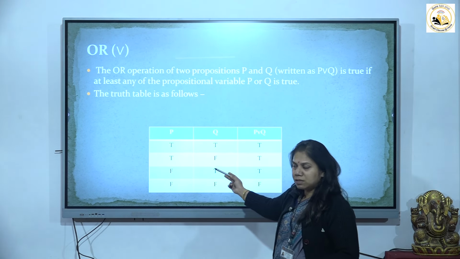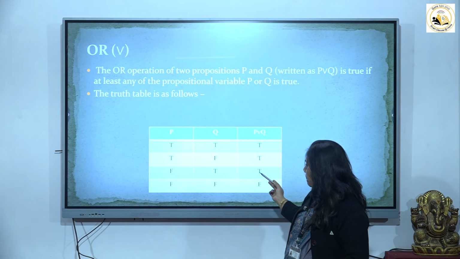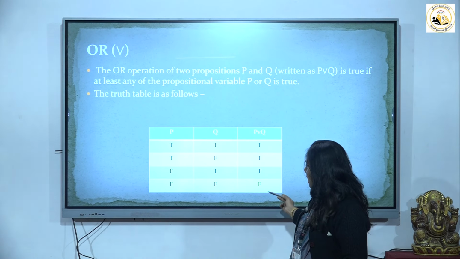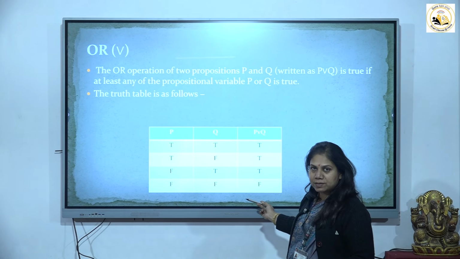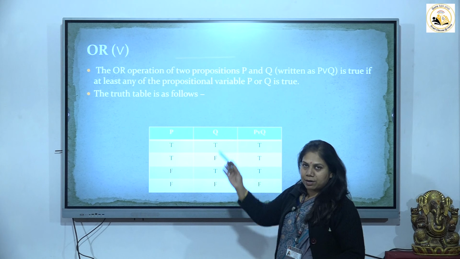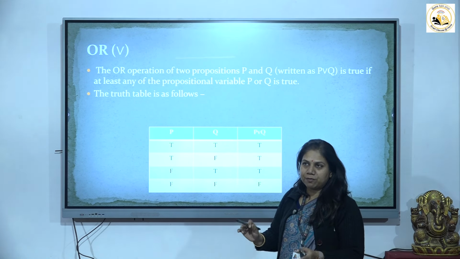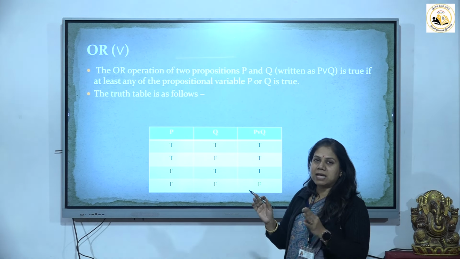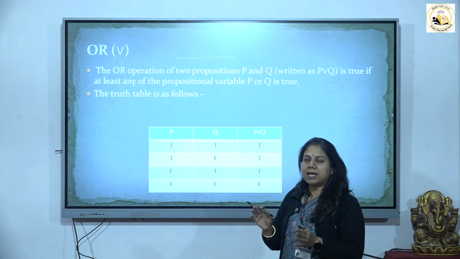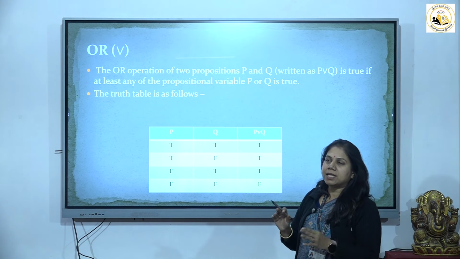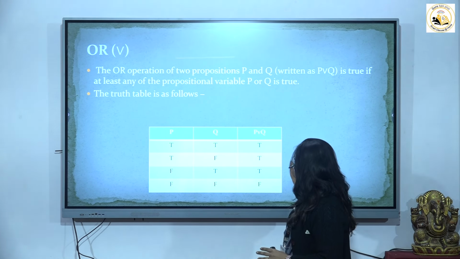P is false, Q is true, then it gives a true result. If both are false, then it gives a false result. OR means either one of these two statements has a true result, then the OR result will be true. If both are false, then it gives a false result.